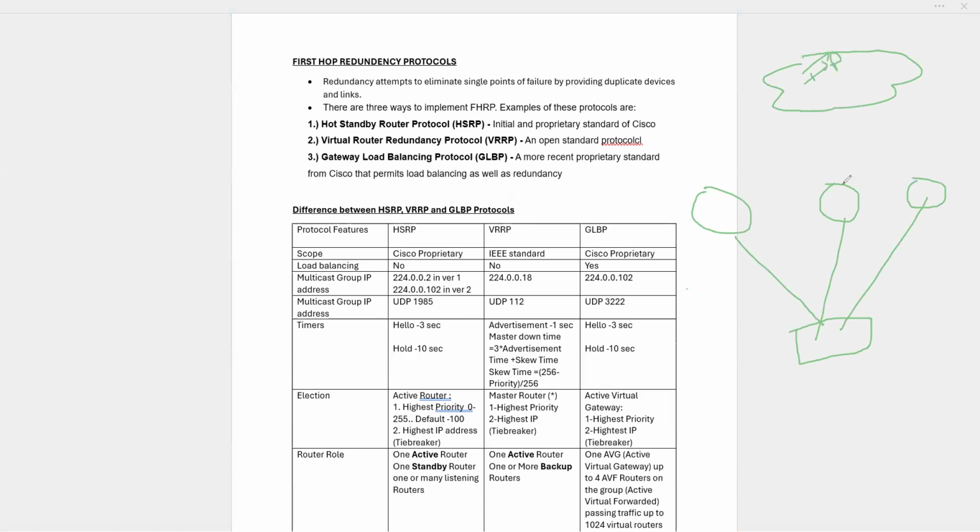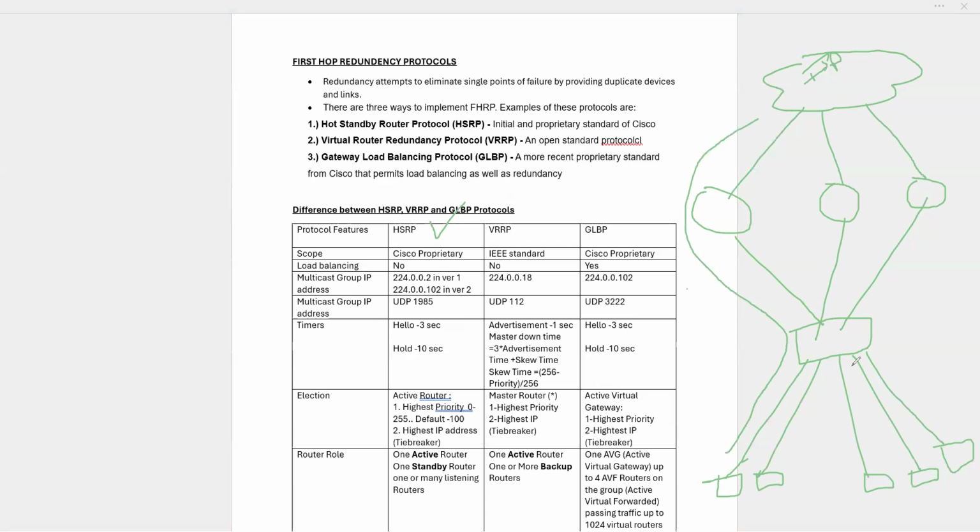So we have multiple prefixes or multiple LAN users, this is one LAN user, second, third, fourth, likewise. In the HSRP case, with one path, one active router, all the time the active router only is responsible for sending the traffic. Standby won't. Once the active is down, then standby takes over and transfers the traffic.